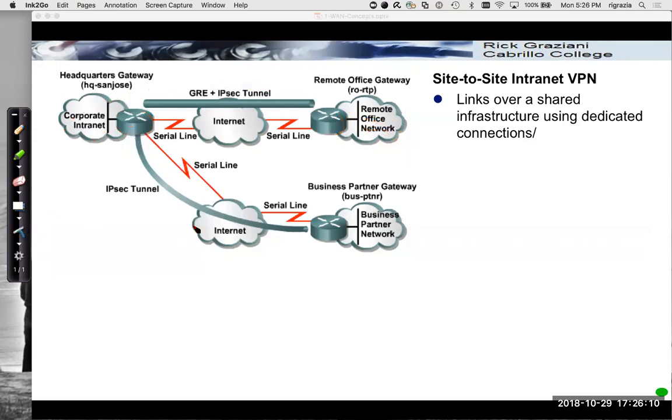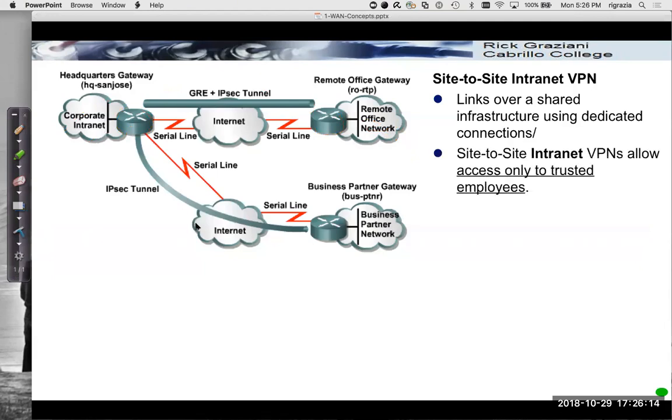Site-to-site VPNs, as it says here, allow access only to trusted employees. It's an easy way to connect corporate and remote sites or branch offices over either a public or even a private network, while making sure everything is encrypted as if you're on the same private network.